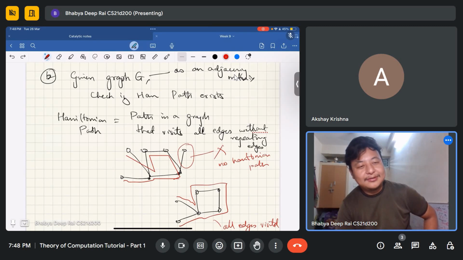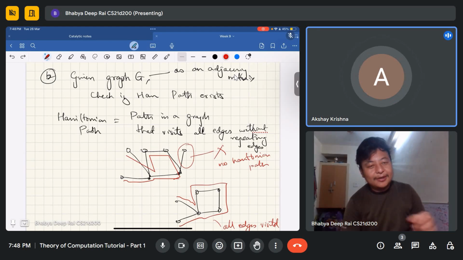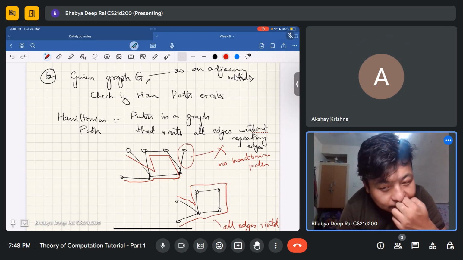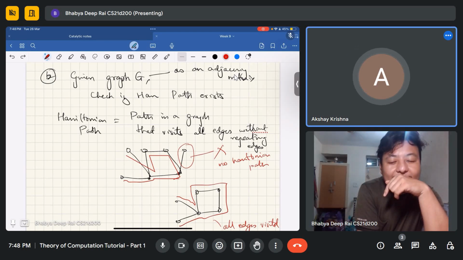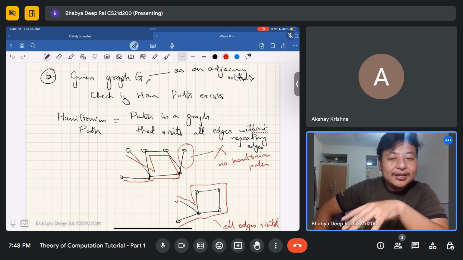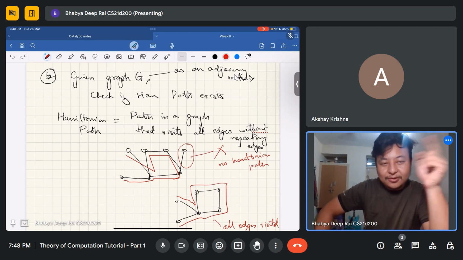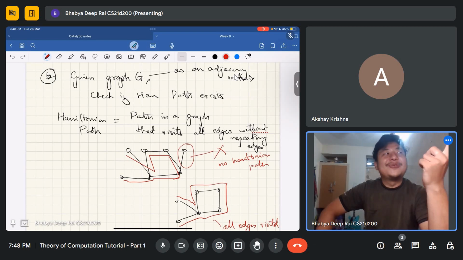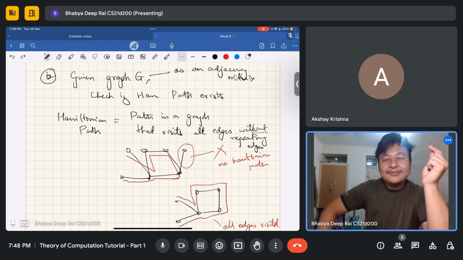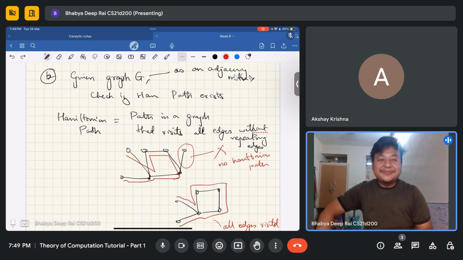Any idea? The edges are not repeated while connecting from one part to another. Okay, but what is the thing that you'll show me? You tell me that the edges are not repeated, but I say I'm still not convinced.